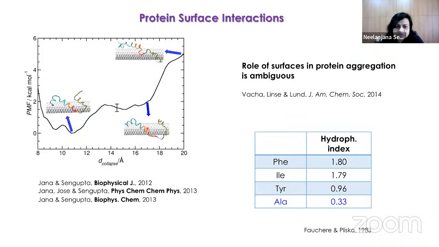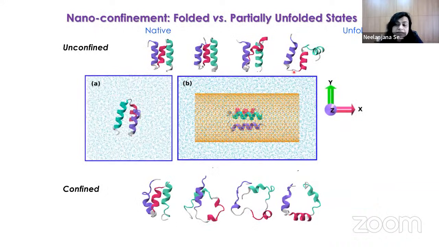In the past, we have looked at how surfaces affect the free energy landscapes, and we concur that the role of surfaces can be ambiguous. More recently, we have looked at how confining surfaces can have an effect on biomolecular conformations, and how the stabilities change.